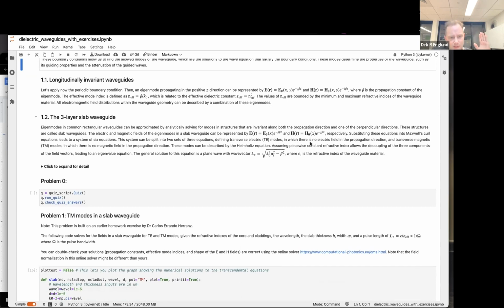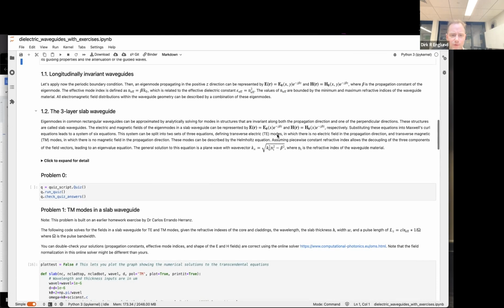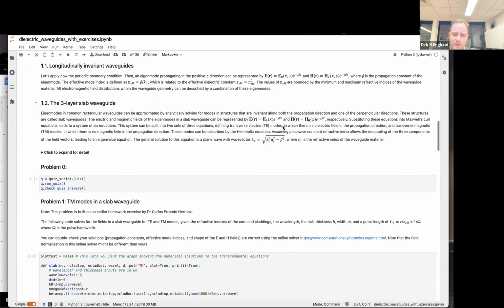So now the eigenmodes in an arbitrary shape, in a rectangular waveguide, are not analytically solvable, but they can be approximated analytically by solving for modes in a structure that's invariant along both the propagation direction and the perpendicular directions.